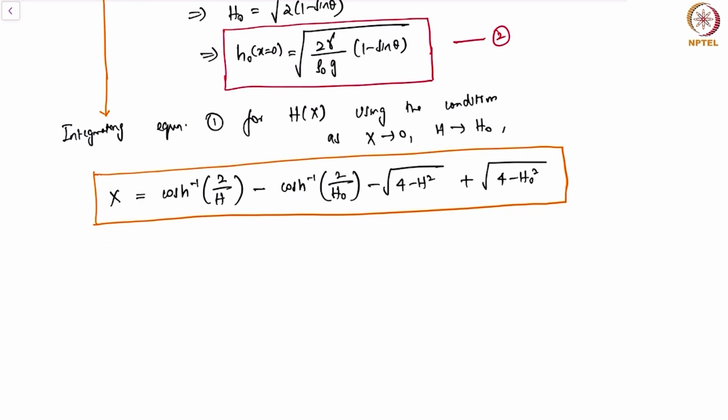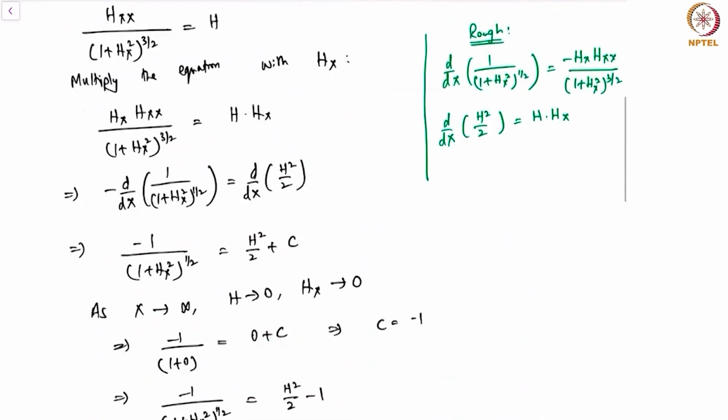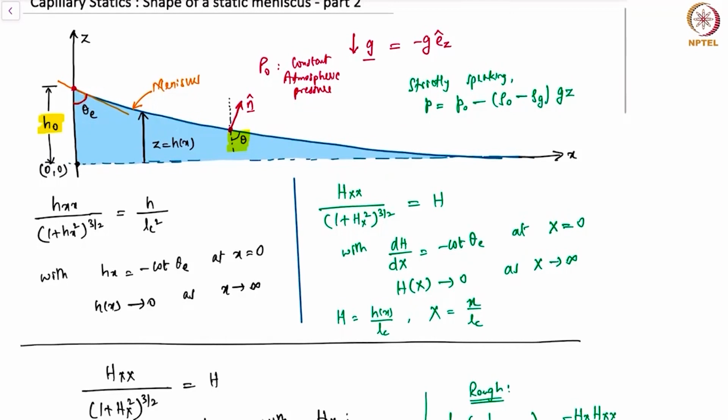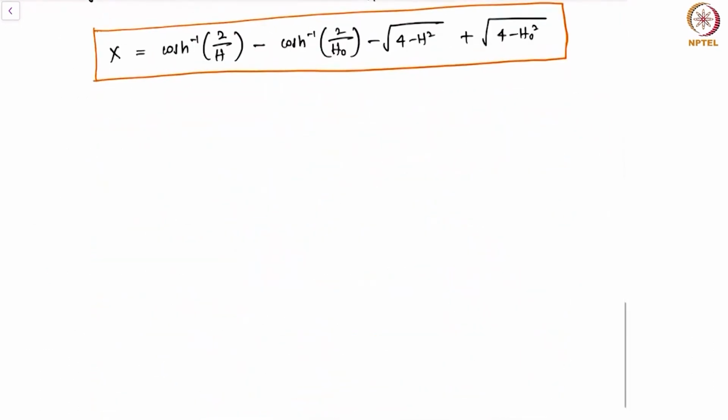Okay. Now, what we want to do is to compare this with a simplified solution. So let's first linearize this equation. Now, how do we do this? There are a couple of things to understand. If you look at the equation, the boundary condition at x equal to 0 says that the slope h_x is minus cot theta e, right? So let's write down this equation again.